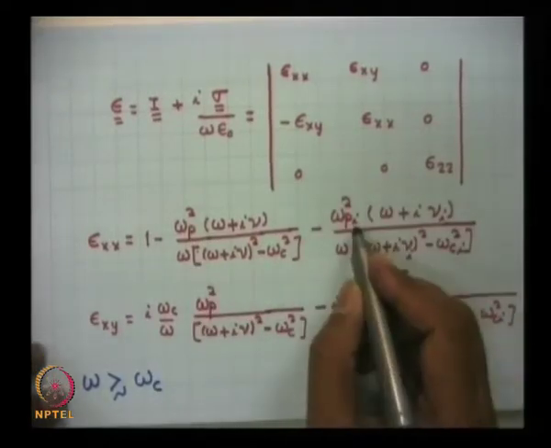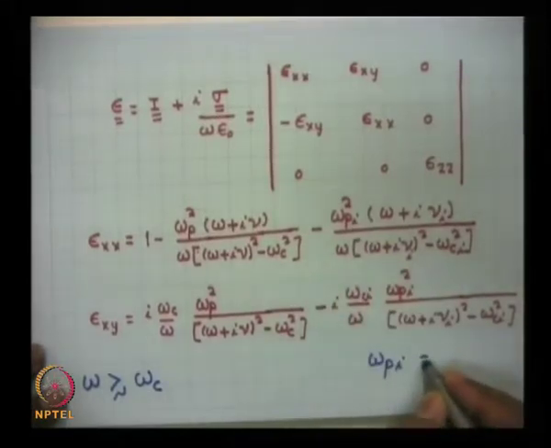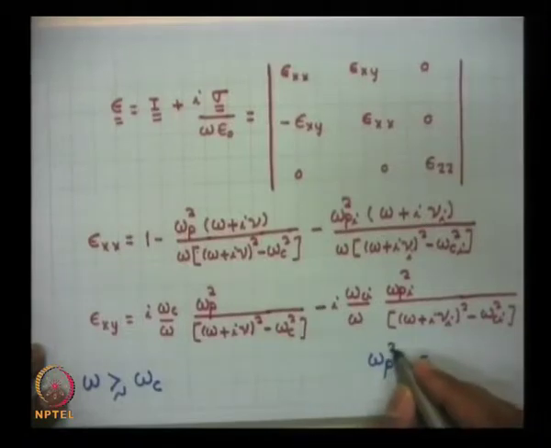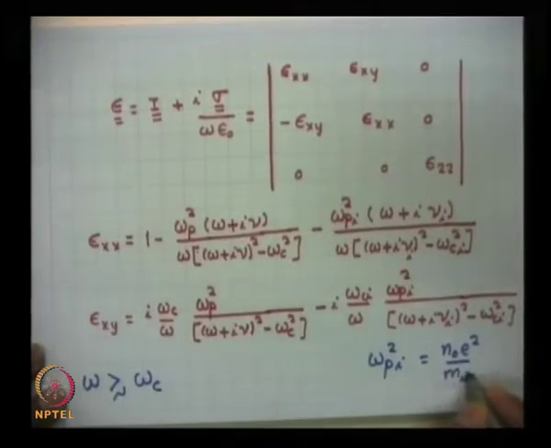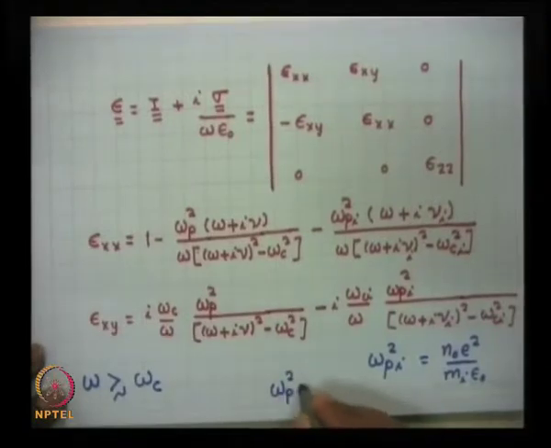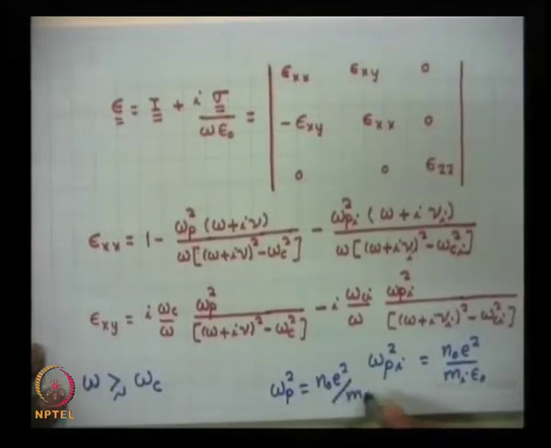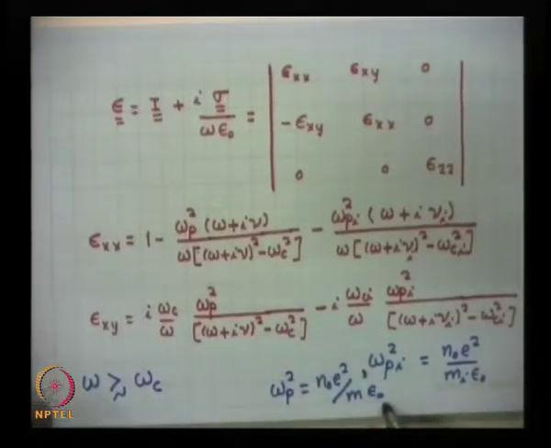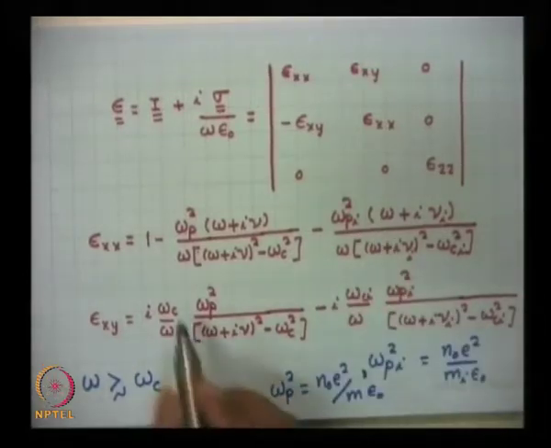Because please recognize that omega pi square is n0 e square upon m i epsilon 0, and omega p square is n0 e square upon m epsilon 0. So, you may note here that the electron plasma frequency is much bigger than the ion plasma frequency, and hence these terms are unimportant as compared to electron terms.